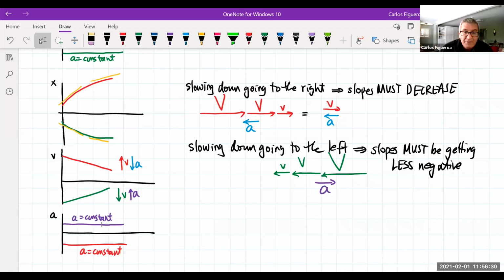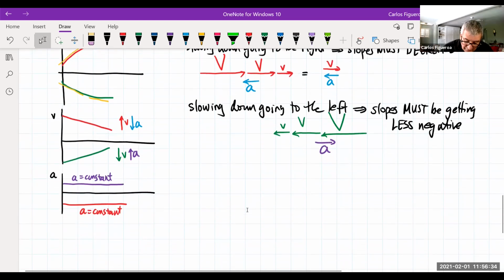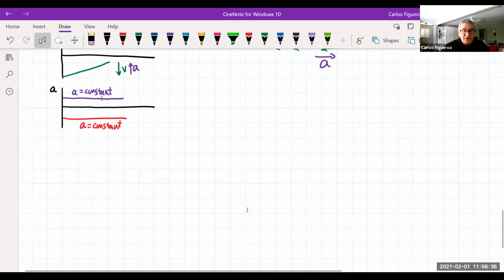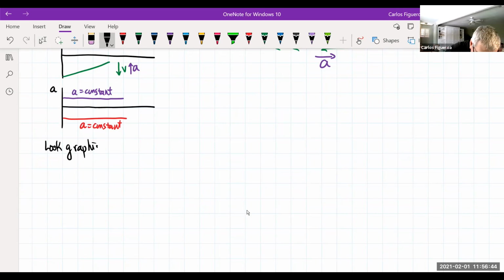There's a couple of things that I want to do before we move on. So we've talked about the two main cases. Now I want to look graphically at situations that change direction.